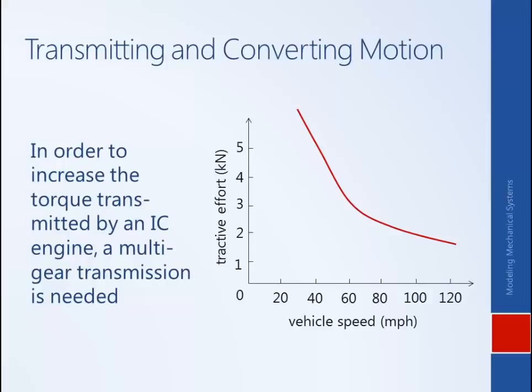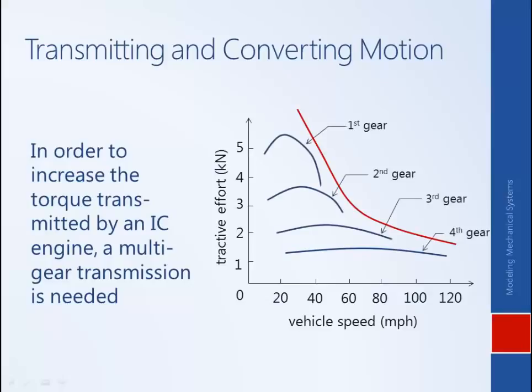The problem is that the torque speed curve of an IC engine is like this blue line, which is very flat, which doesn't give us the sort of behavior that we want.